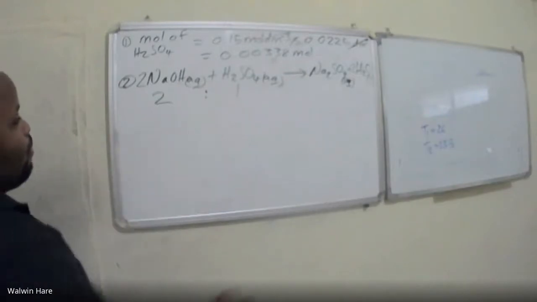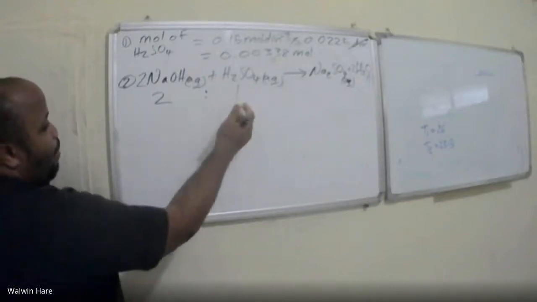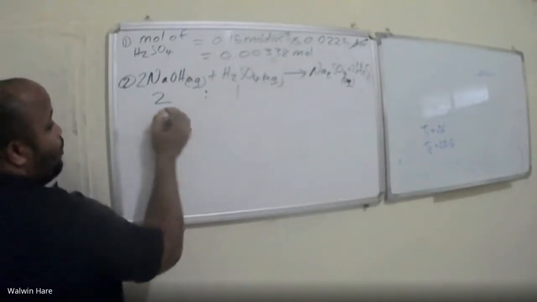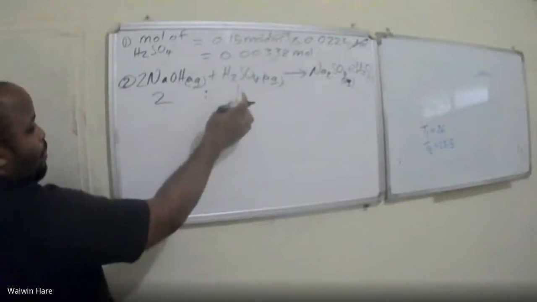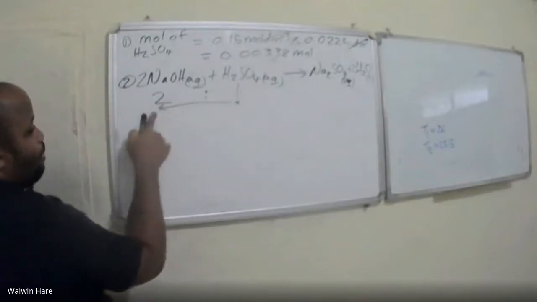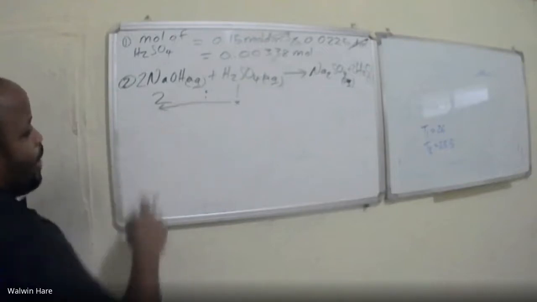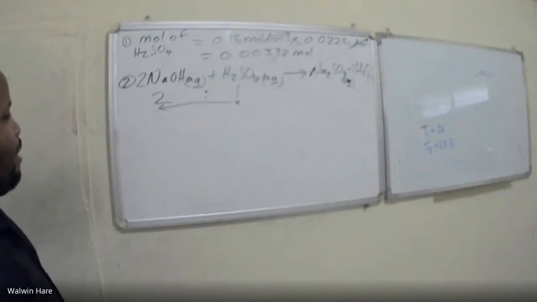However, we know the mole of sulfuric acid, so we are looking at it from a perspective of 1 to 2. If we have the mole of sulfuric acid and are trying to find the mole of sodium hydroxide, what should we do? Multiply by 2 or divide? Multiply by 2, sir. That is correct.